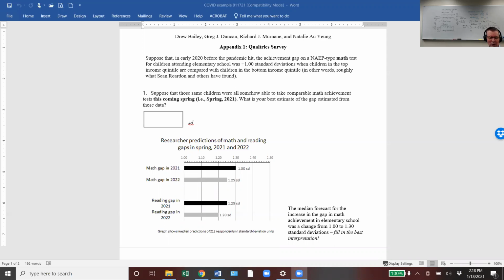And then we wanted to know not only short term, how much they thought they'd increase by a few months from now, spring of 2021, but we also asked about how much of a lingering effect there would be.